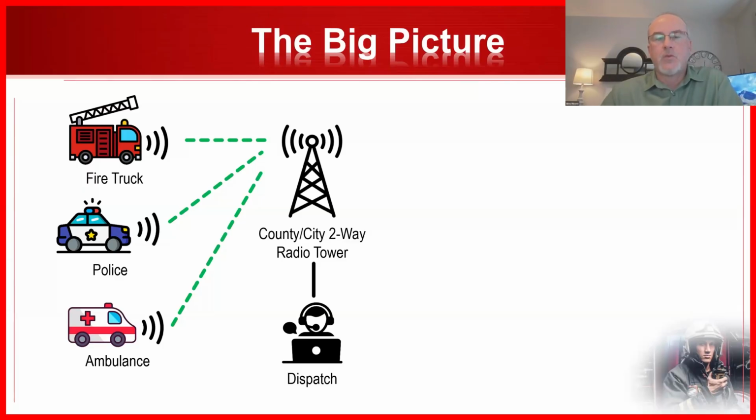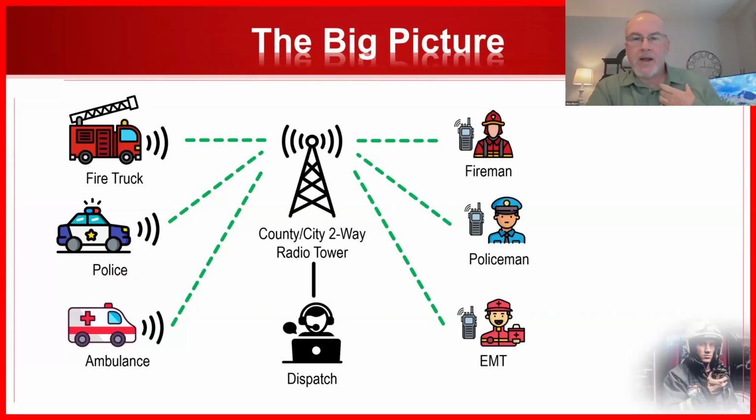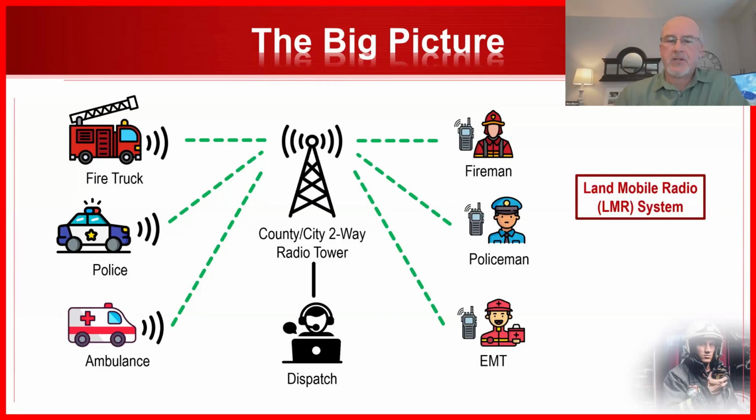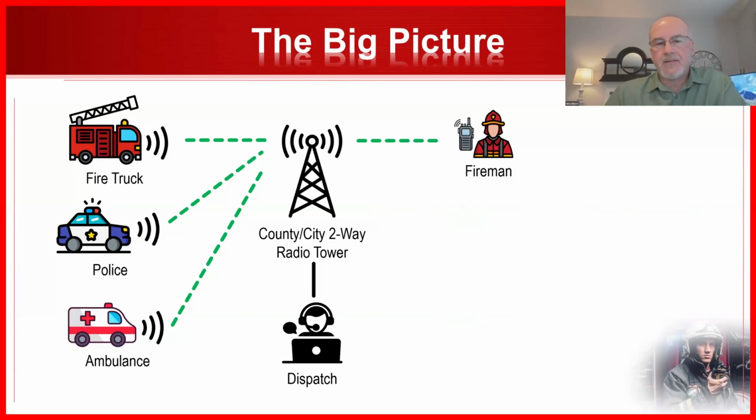You've also got the individuals that have little radios on their person. You've seen that on TV with police or fire. So you've got this whole network of two-way radio communication going on in every county and city. This is known in the big picture as a land mobile radio system, an LMR.